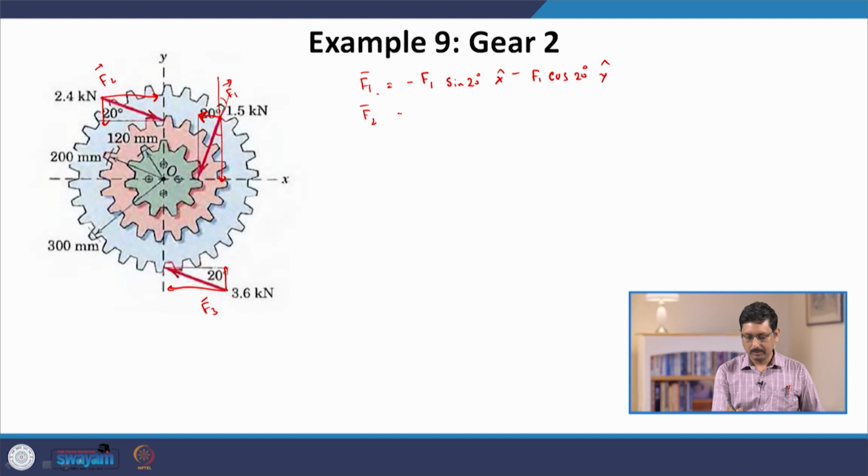F2 has a positive x component. This angle is 20 degrees. So, F2 is F2 cos 20 degrees x hat minus F2 sin 20 degrees y hat. F1 is the magnitude of F1, these are the meanings of the symbols.